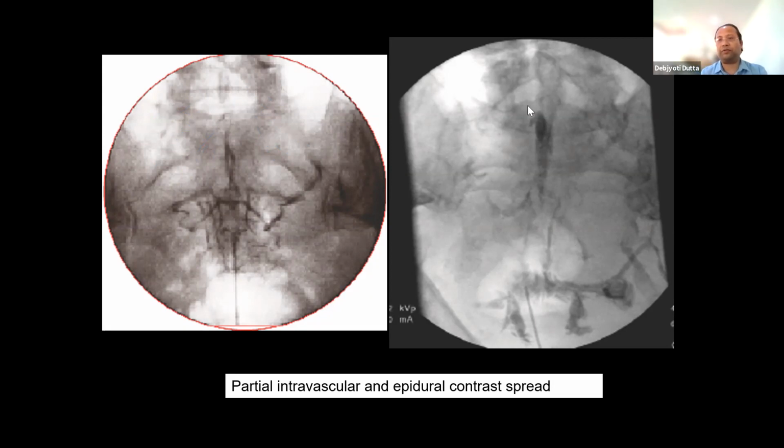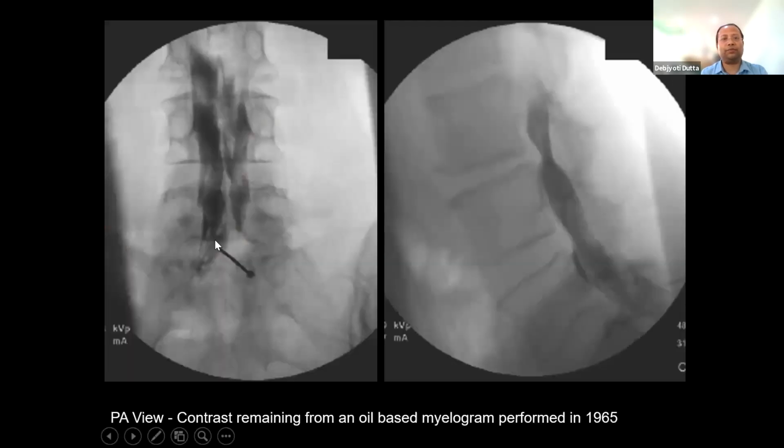So this type of spread is not acceptable. Then this spread, you see, this is not through the epidural, this is just to show you how it looks when contrast goes inside the subarachnoid space.